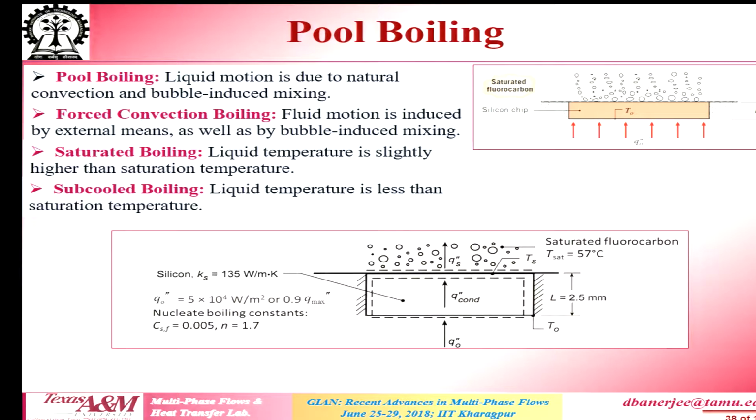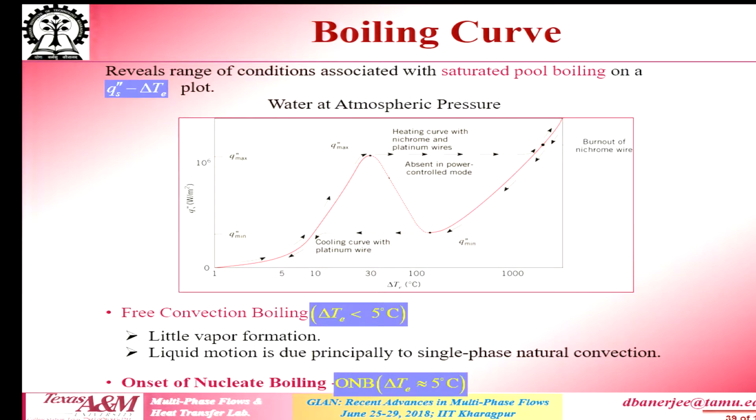Now if I plot the heat flux as a function of this delta T excess, which is the heater temperature minus the boiling point or the saturation temperature, that is what is plotted on the x axis, and the heat flux is plotted on the y axis.